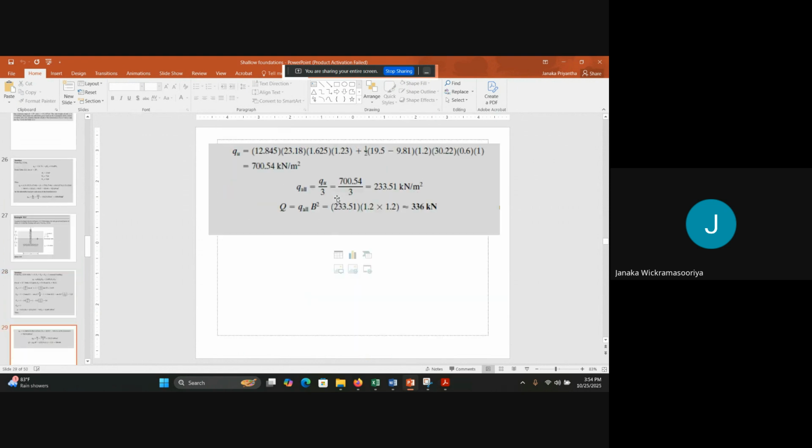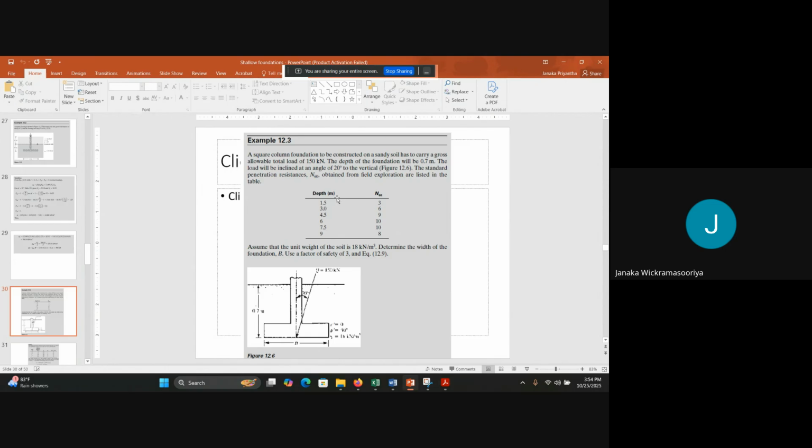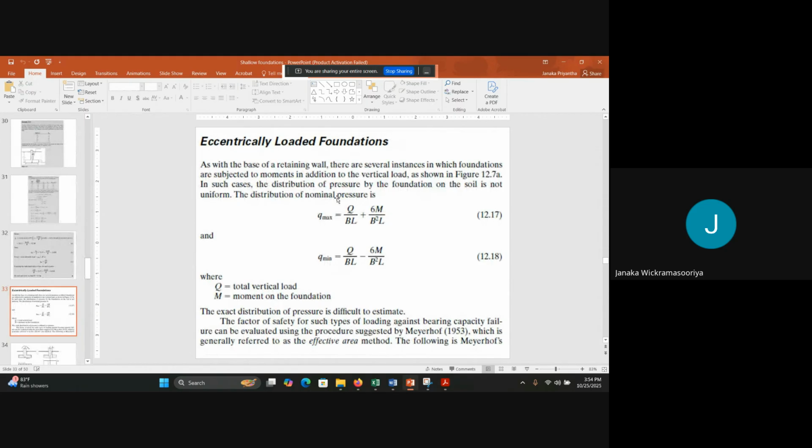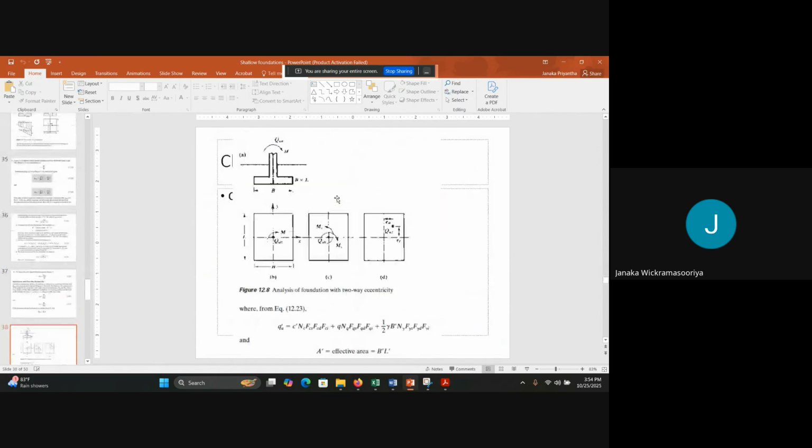In the next week, we will be doing these calculations for inclined forces and eccentrically loaded foundations.